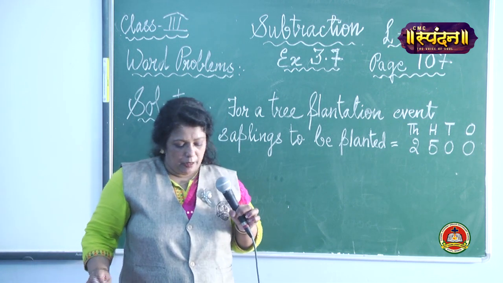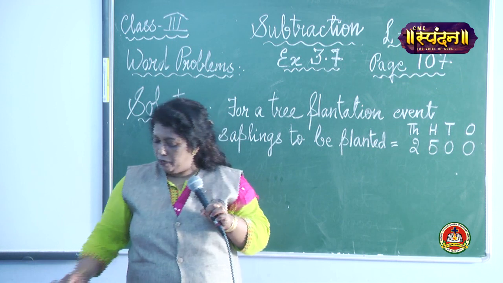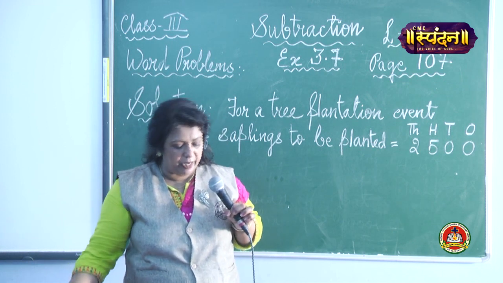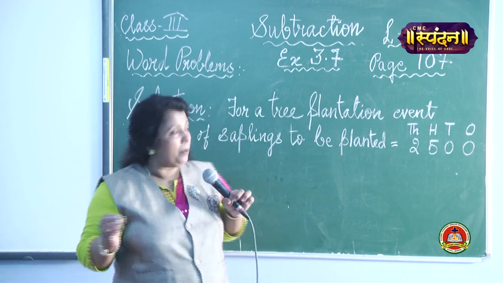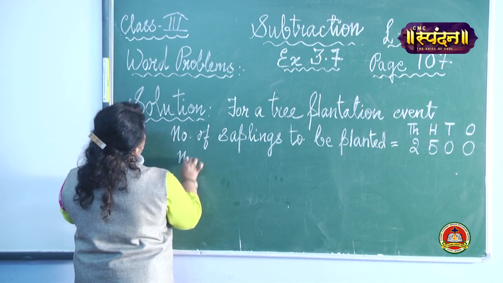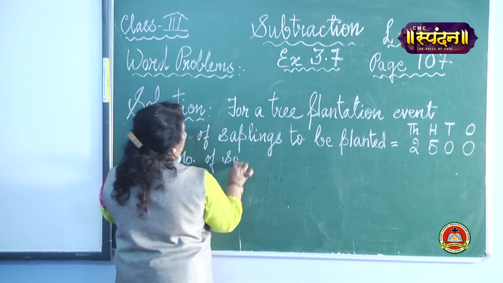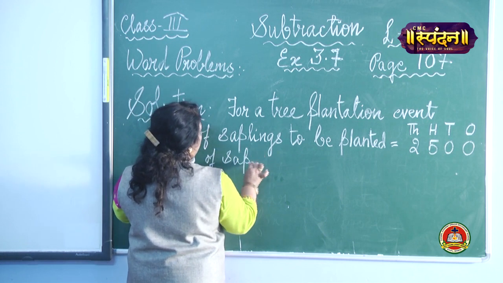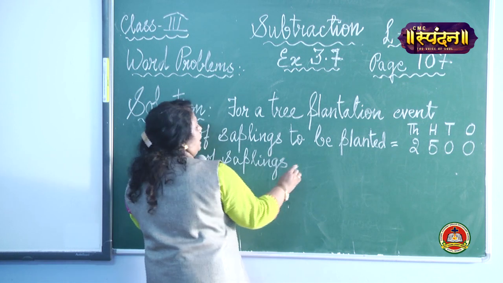Then till evening they planted only 2375 saplings. What will be the next line? Number of saplings planted.